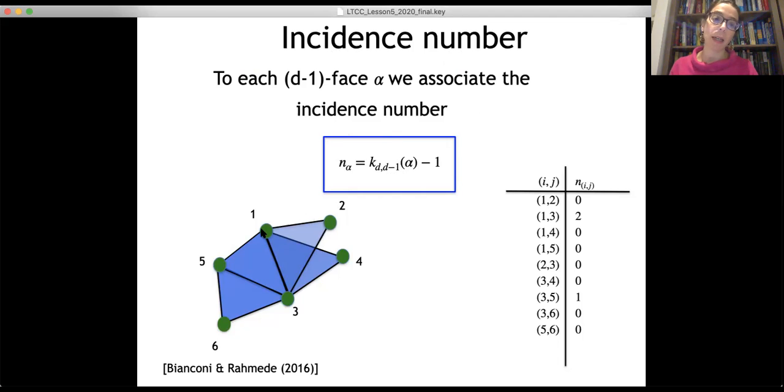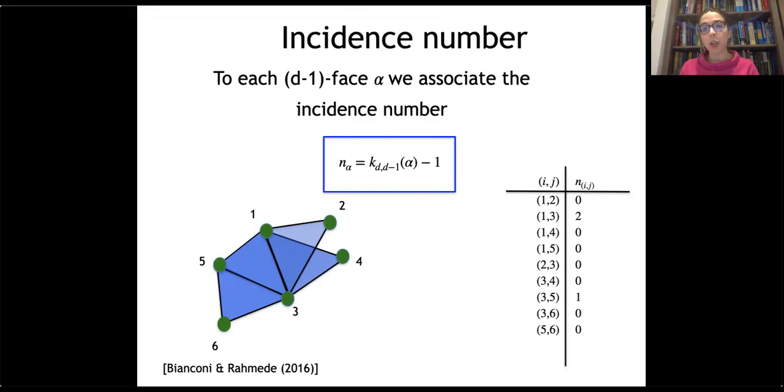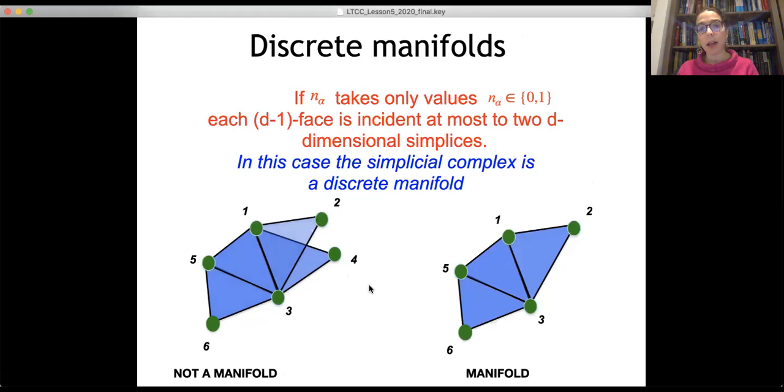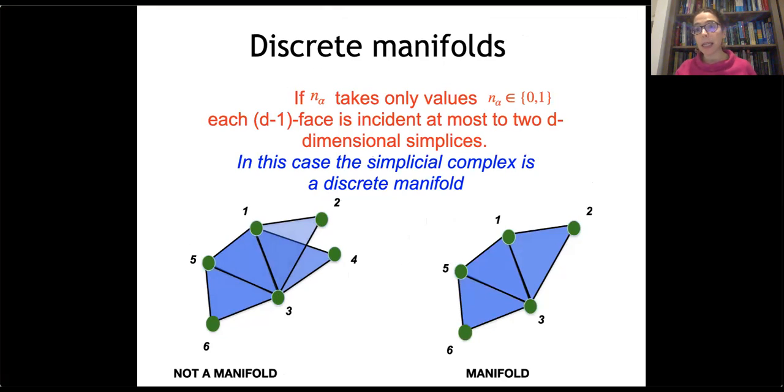So for instance, this link 1-3 has incidence number 2. And this is quite useful because in order to have a discrete manifold, you have a necessary condition that this incidence number should take value either 0 or 1.